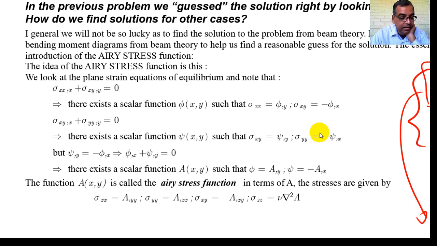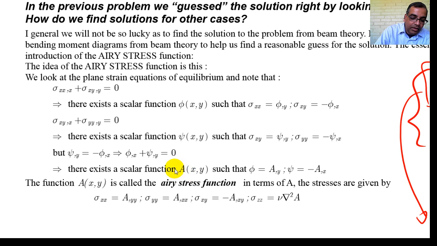But the interesting thing is, because sigma xy is the same on both sides, the two Prandtl stress functions will be related by another curl theorem. And so, you will get a function which is called the Airy stress function. Airy stress function is the combination of two Prandtl stress functions. So that's why we do torsion first and then plane strain, because we want to introduce this idea of a Prandtl stress function there.